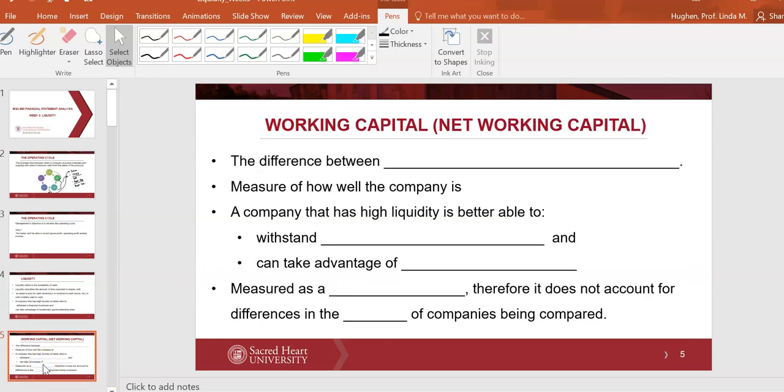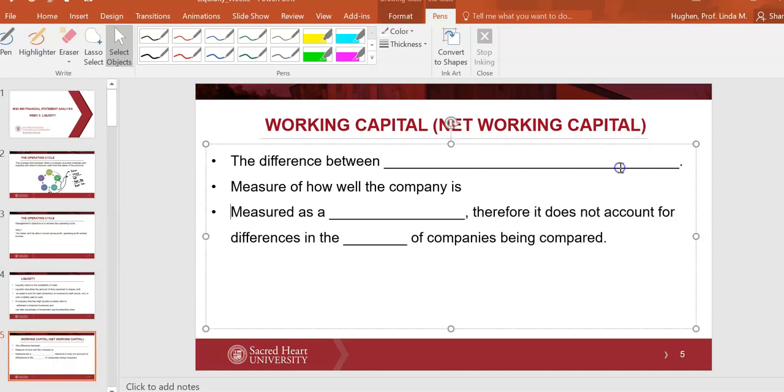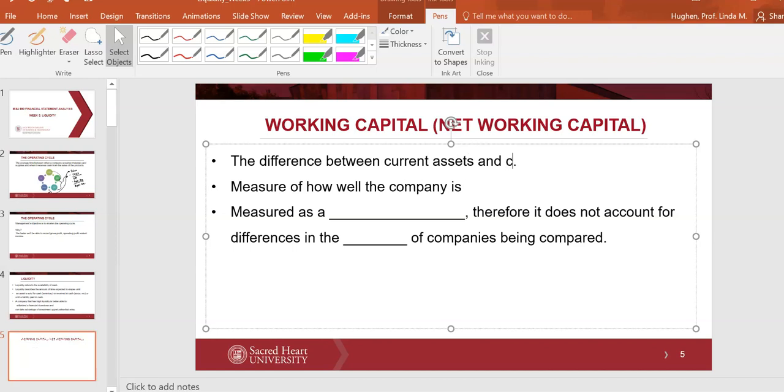Let's talk about working capital, also referred to as net working capital. Working capital is the difference between current assets and current liabilities. Why are we interested in that comparison between current assets and current liabilities? Well, those short-term debts, the current liabilities, are typically paid for with cash.